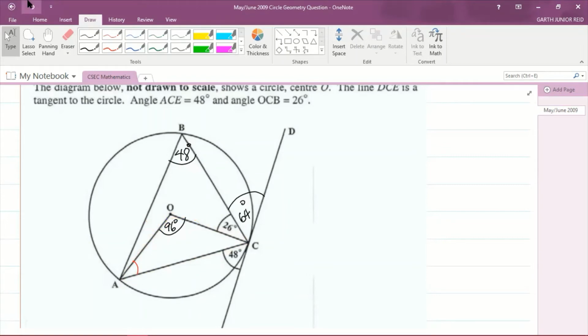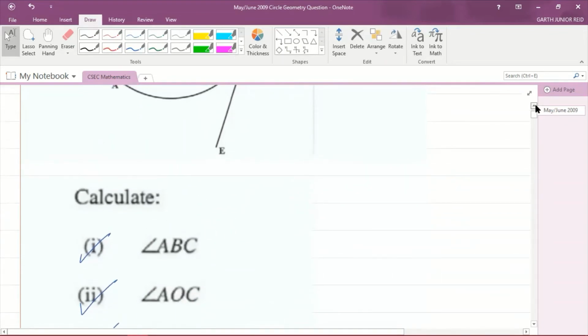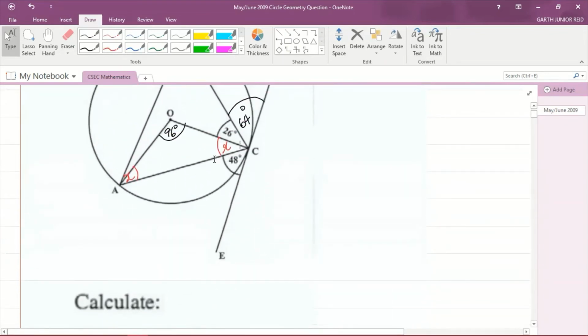So I can call this angle here x, which is what I'm trying to find. And I know that the angle x is the same as this angle here, which I'm going to call x as well. So let's just calculate our answer here. We know that the base angles are x.